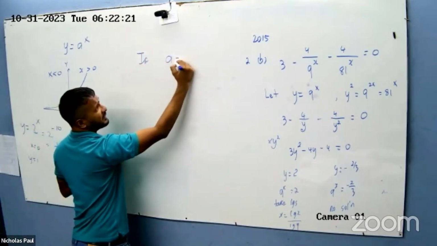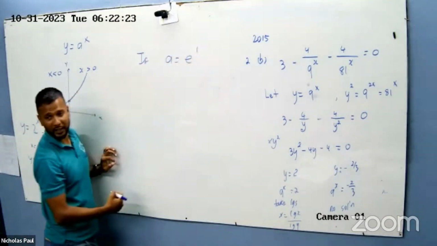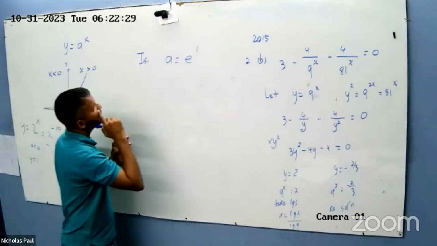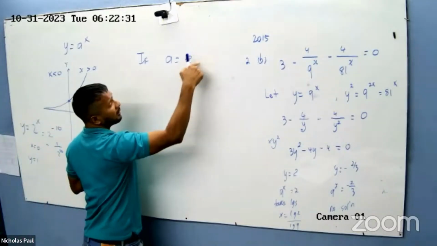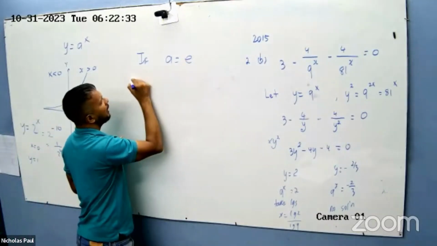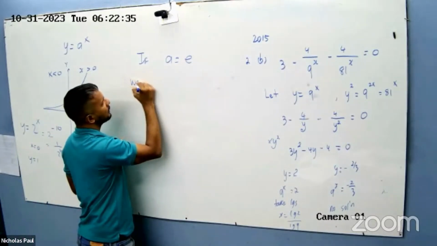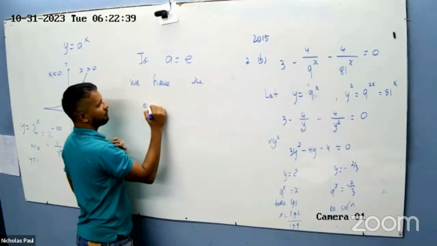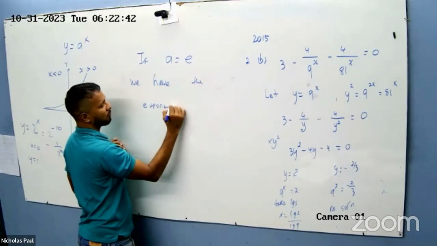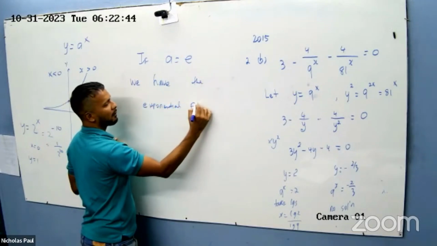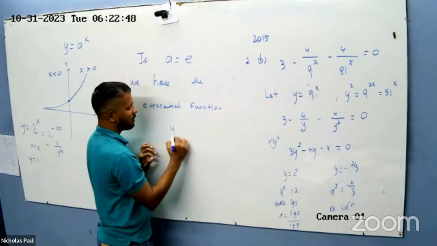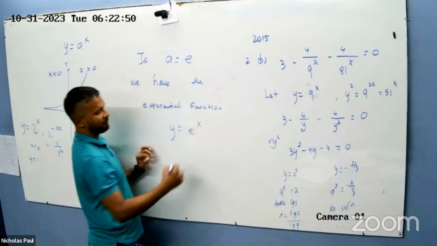If a is equal to e to the power of 1, or just e, we have the famous exponential function, y is equal to e to the x.